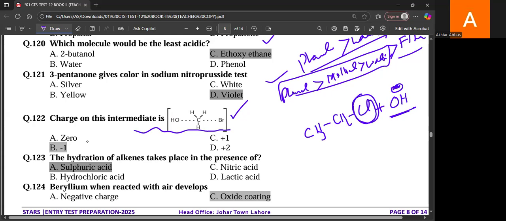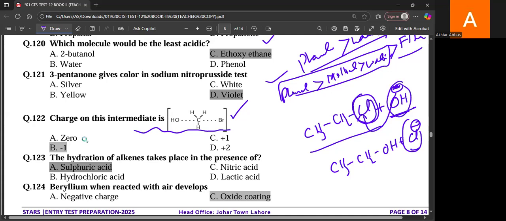Then it can be removed, and the final product is CH3CH2OH plus Cl negative. So this negative charge is shifted toward this Cl negative. That's why we can say that if the anion has a negative charge, the intermediate also contains a negative charge.